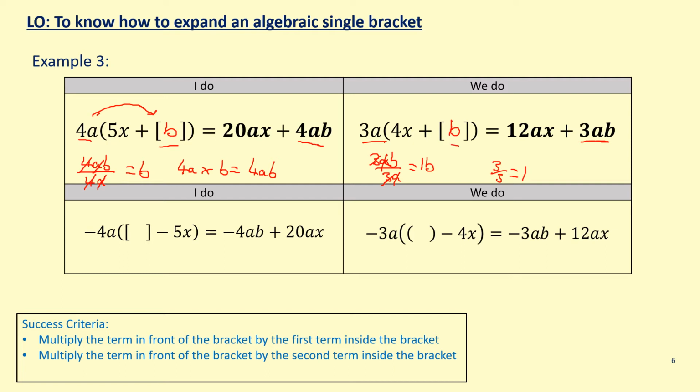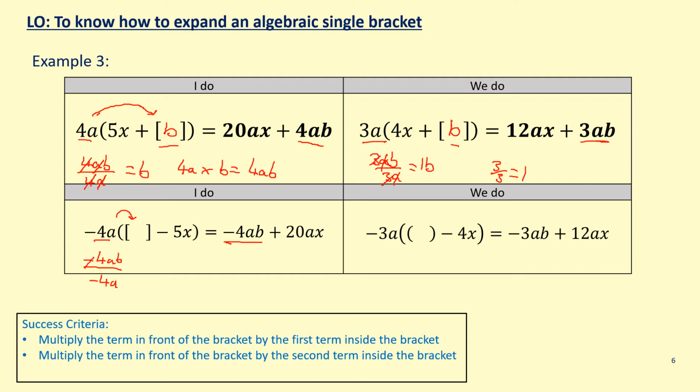So now on the following question, we have the factor outside the brackets and it's negative this time, so minus 4a multiplied by something gives us minus 4ab. So we need to work backwards. So we have minus 4ab, that's our answer to our expansion, divided by minus 4a, and let's do some cancelling down.